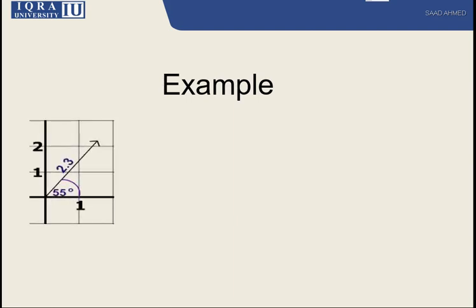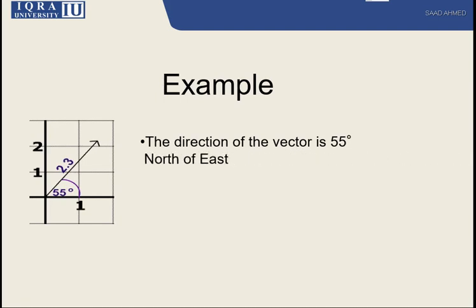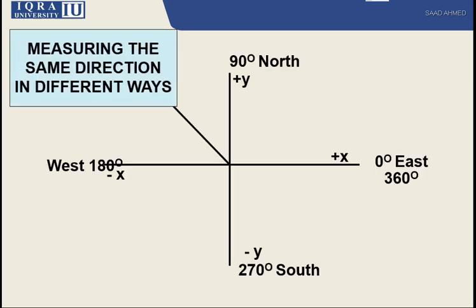Here is an example: the direction of the vector is 55 degrees north of east. The magnitude of the vector is 2.3, which is here, which defines this.